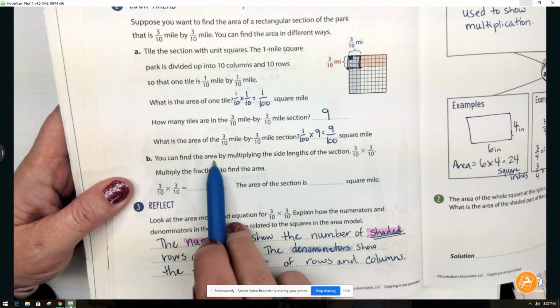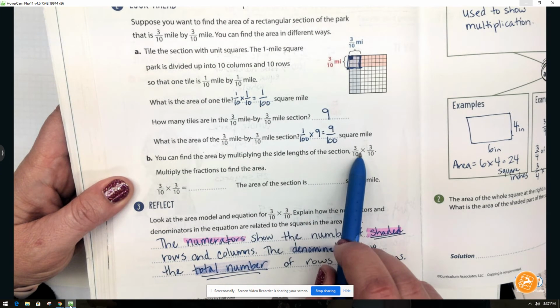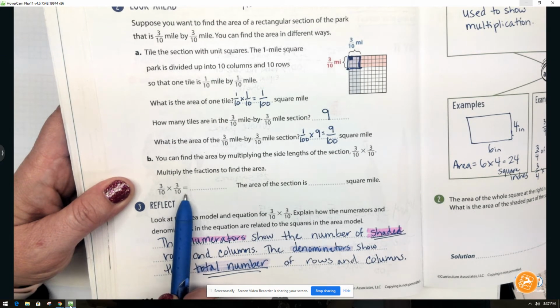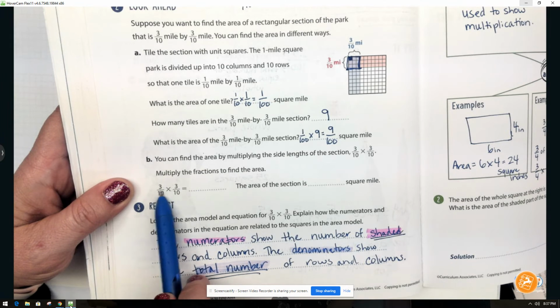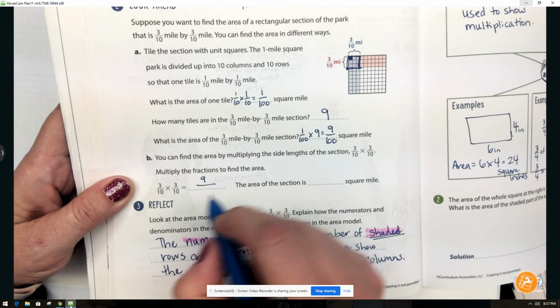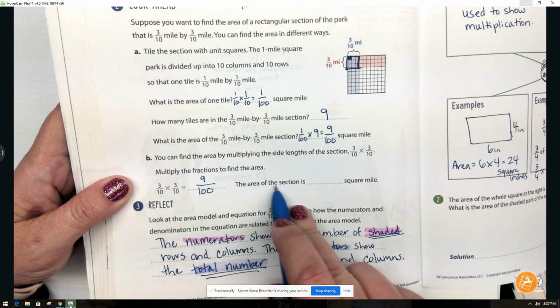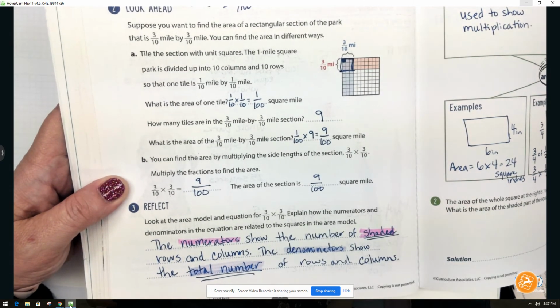You can find the area by multiplying the side lengths of the section, 3/10 times 3/10. That is the same as saying 3 times 3 equals 9, 10 times 10 equals 100. So the area of the section is 9/100ths of a square mile.